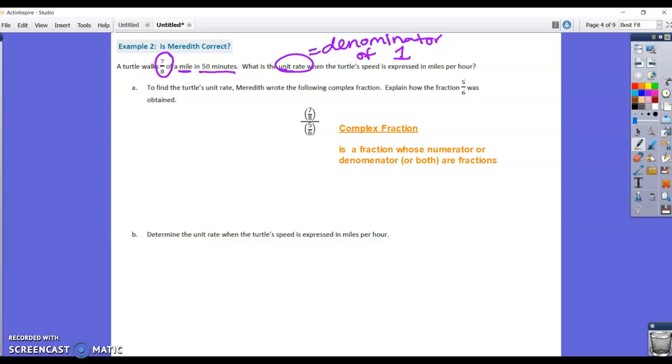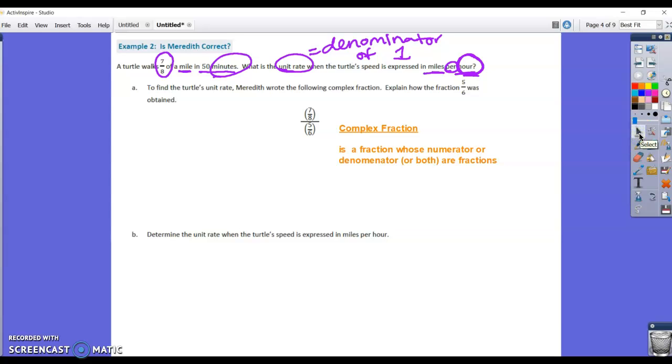When the turtle's speed is expressed in miles per hour, we're given minutes here and we want per hour here. So to find the turtle's unit rate, Meredith wrote the following complex fraction. Explain how the fraction 5/6 was obtained.